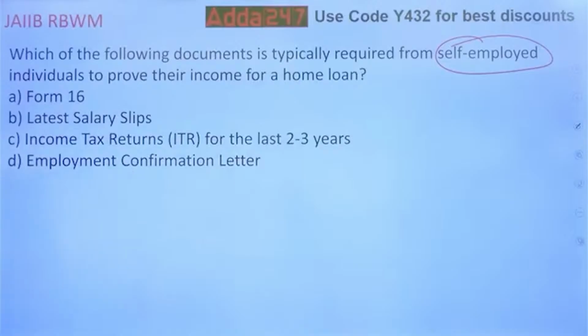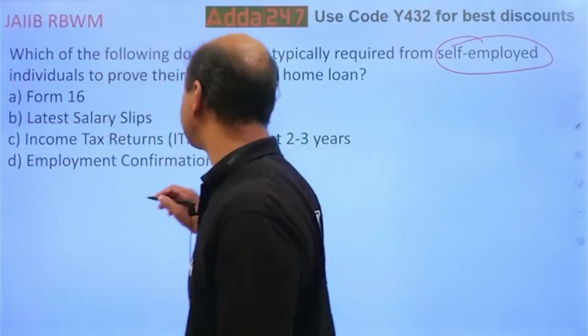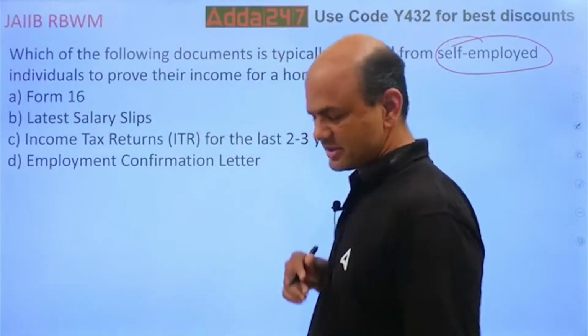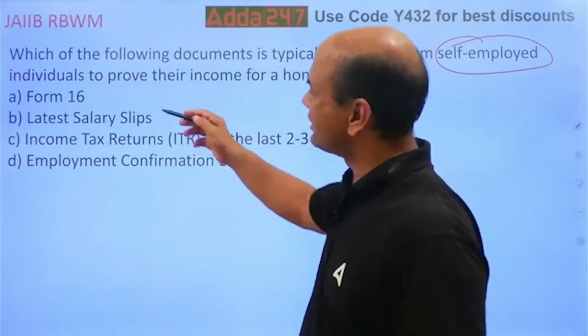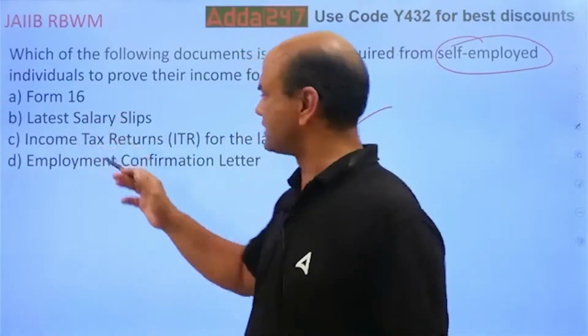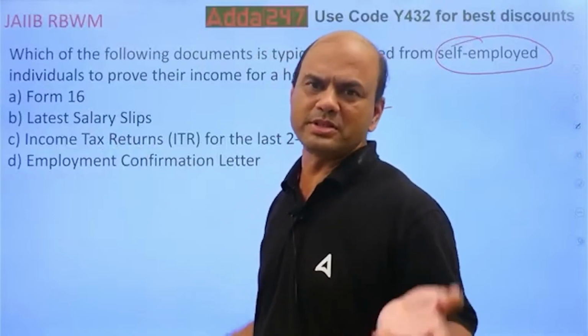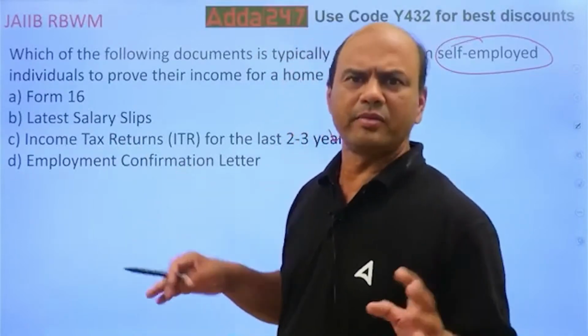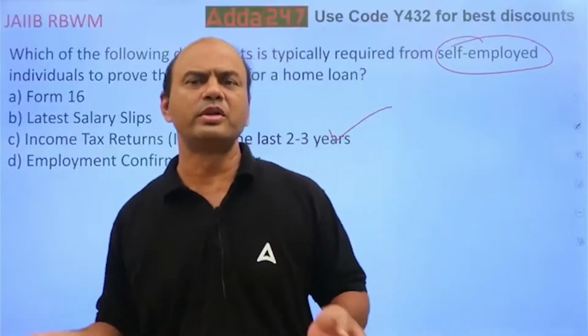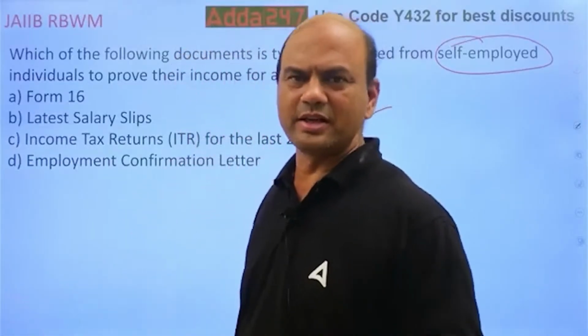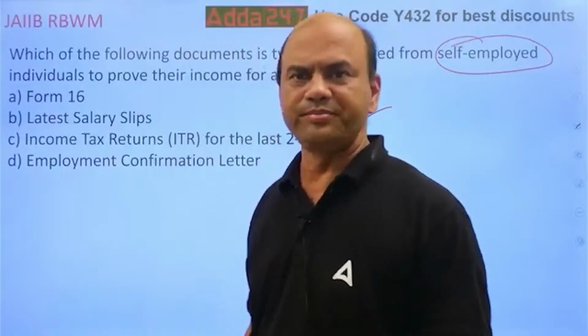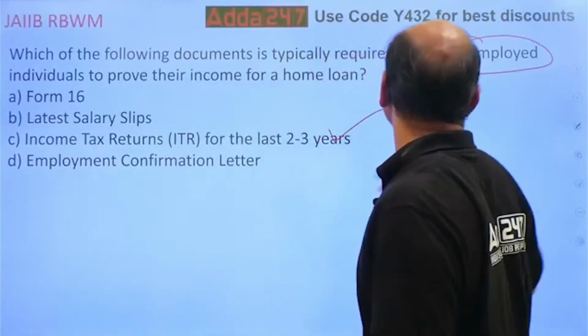For self-employed, the answer is ITR, income tax returns. For salaried, you can have all this: Form 16, salary slips, employment confirmation. But if I am a simple shopkeeper, having a huge sale, who will give me the Form 16? No one. ITRs. Got it? Next.